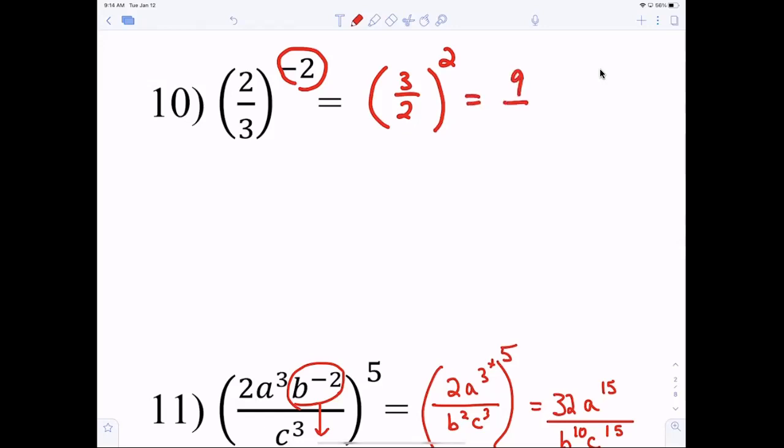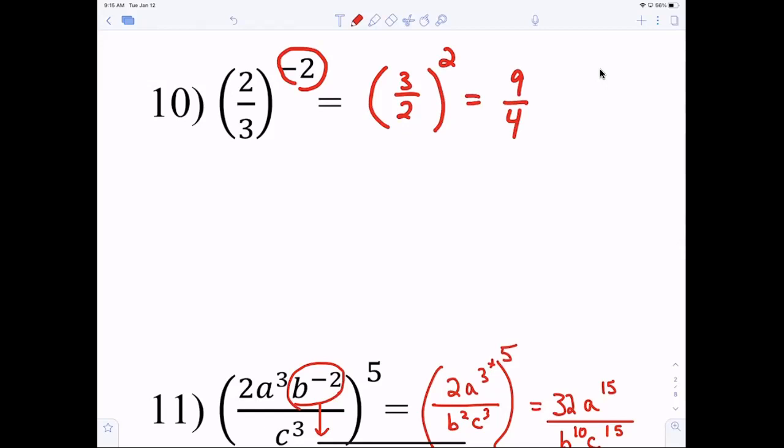Yes, 9 over 4 is accurate. Anybody have any questions now with question number 10? Why is it 9 over 4? What's 3 squared? Well, 9, yeah. Do I have to simplify?